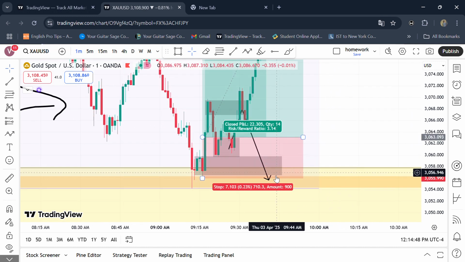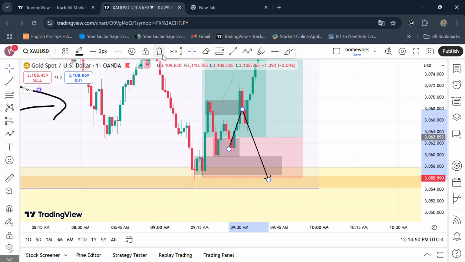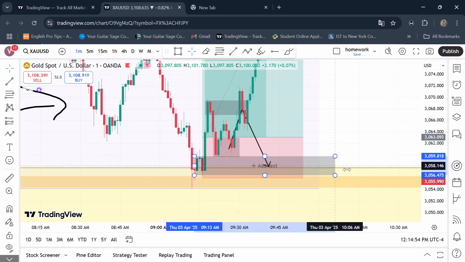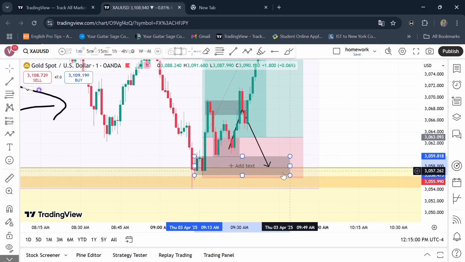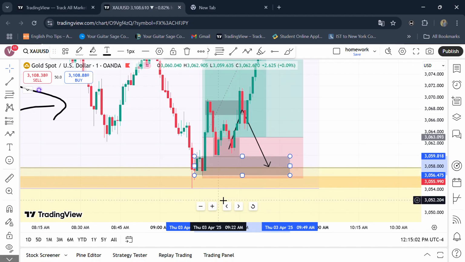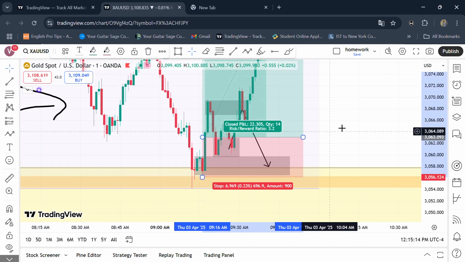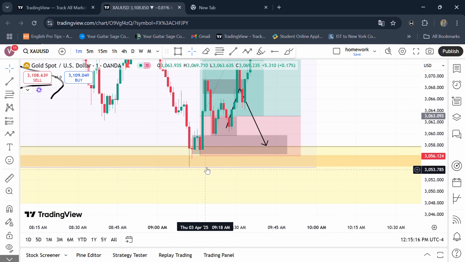But in this trade, what we understand was everything was dependent on this last order block being respected or not being respected. So it makes sense for us to keep our stop loss just below this in order to save our capital, in order to save our profits. And that is how you manage your trades.